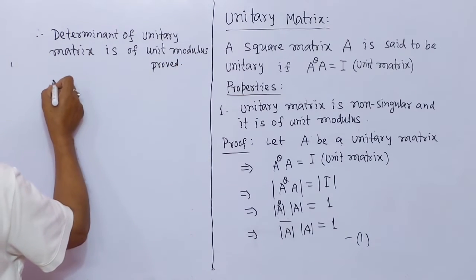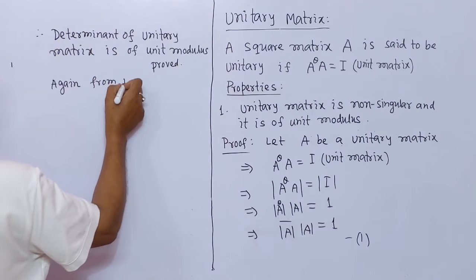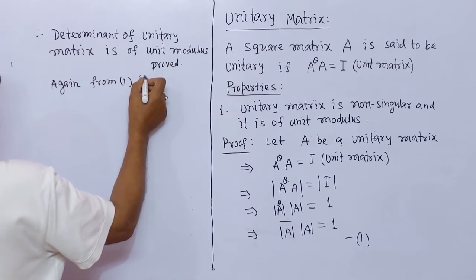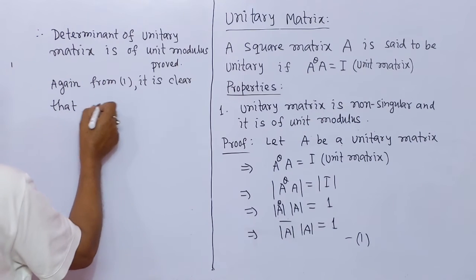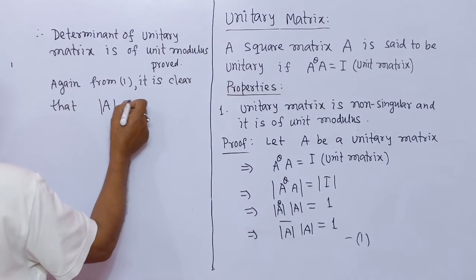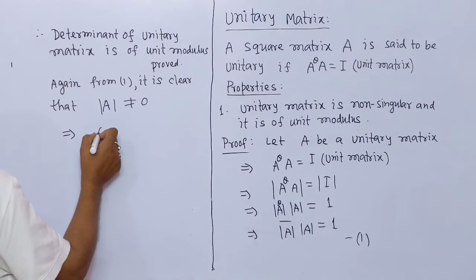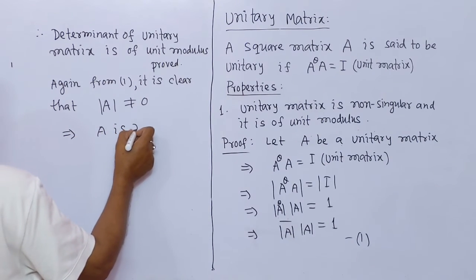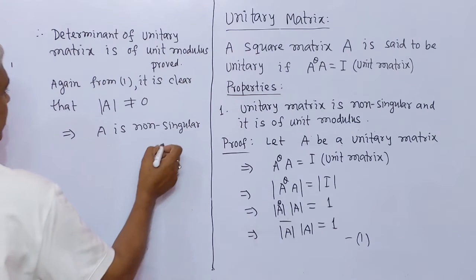Again, from 1 it is clear that determinant of A not equal to 0, implies that A is non-singular, and the other part is proved.